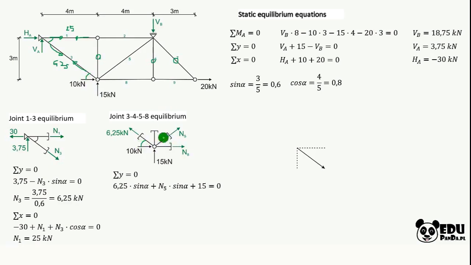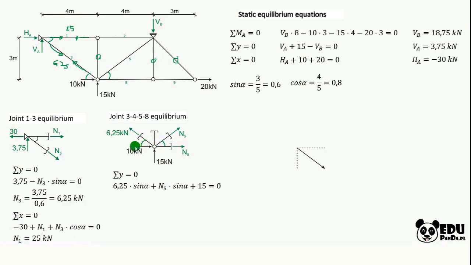And now the question is, what angles are here? We have alpha such that its sine is 3 to 5, so if we place it here, then the sine of this angle is 4 to 5, and if we place it here, then the sine of this angle is 3 to 5, meaning alpha is still here. So, good. And now we know that we are taking 6.25 with sine.